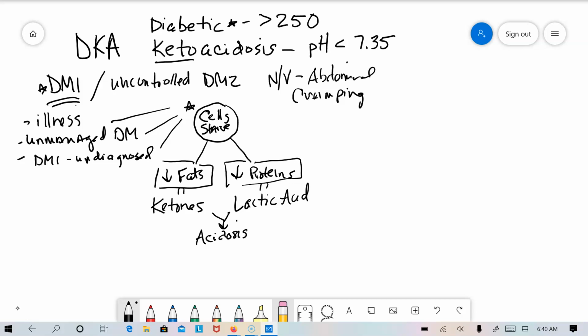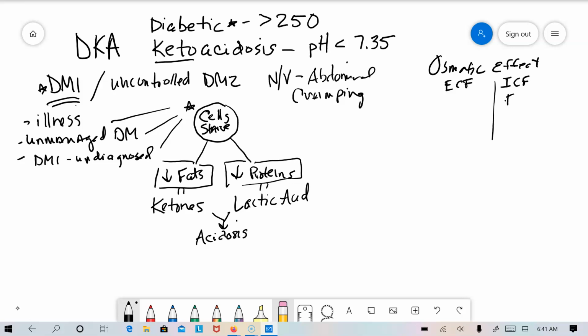Also what's going on is that with the hyperglycemia, glucose molecules in the bloodstream cause an osmotic effect to the cells. We call this our ECF, bloodstream, versus the ICF.